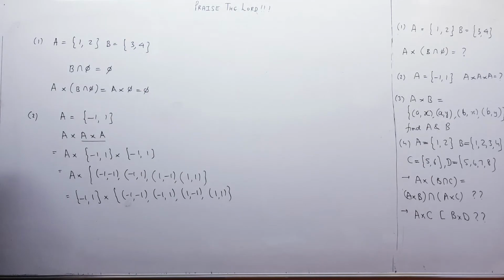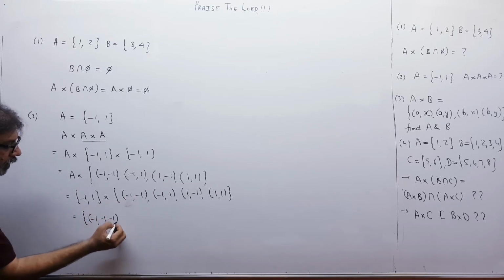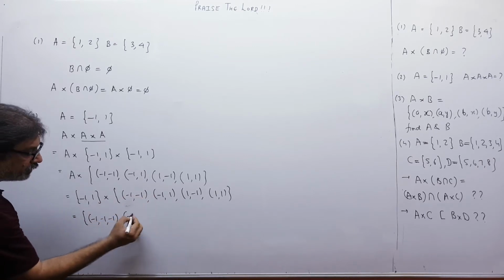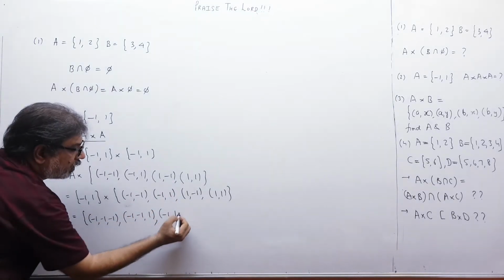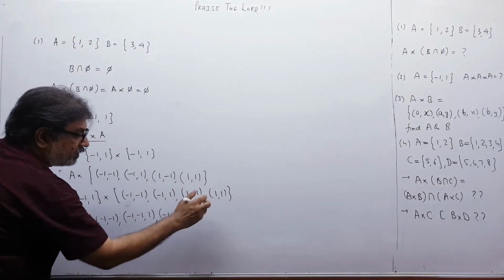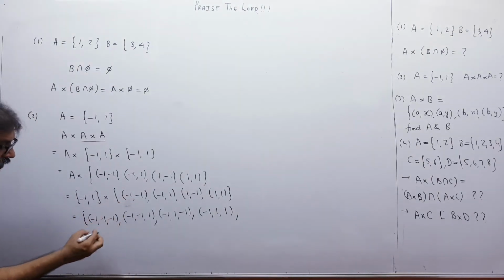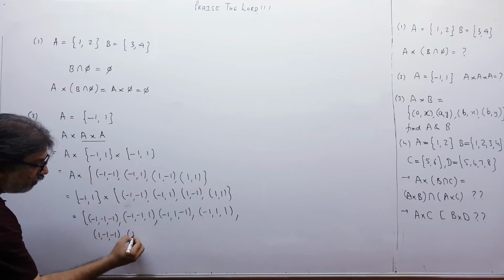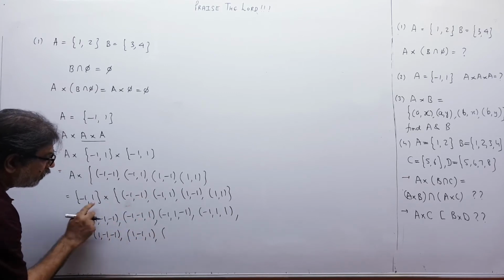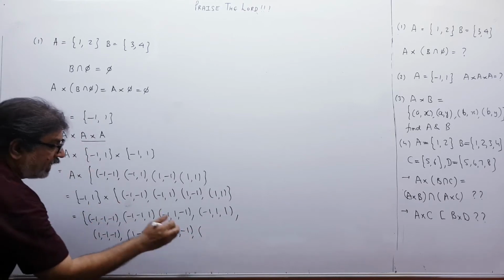Again cross product of two elements. The first term here and then second term here. So this will become minus 1, minus 1, minus 1. Minus 1 with this, minus 1 with this, minus 1 with this, then 1 with all. 1 minus 1 minus 1, 1 minus 1 1, 1 with this, 1 1 minus 1 and 1 1 1.